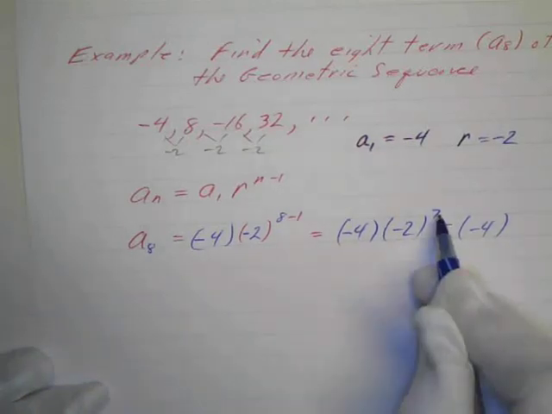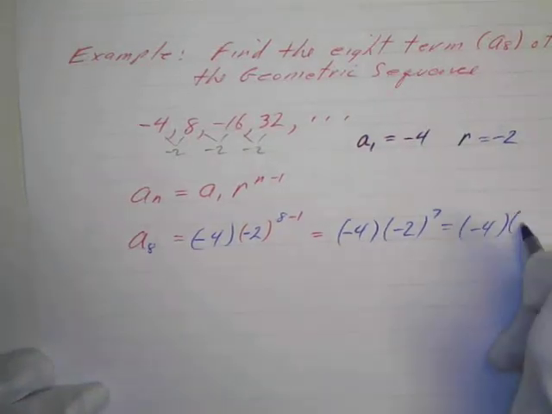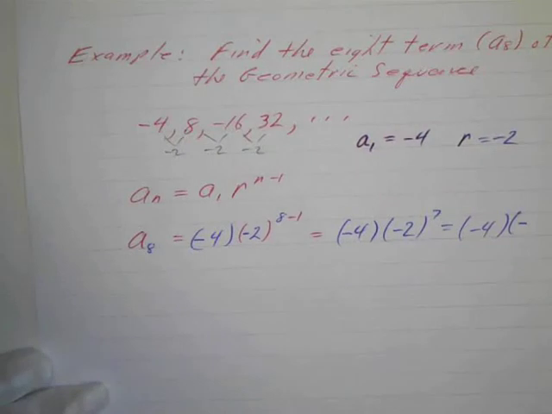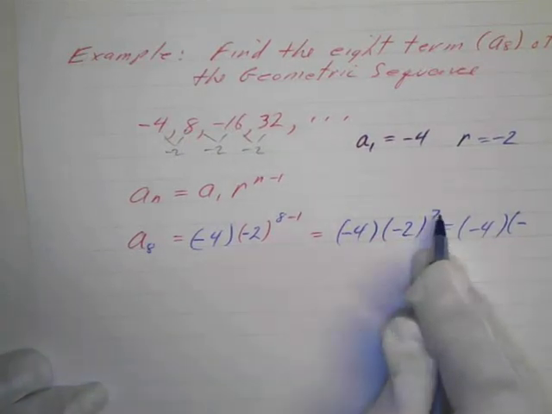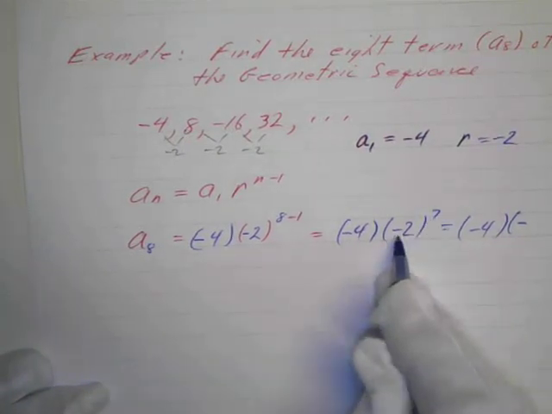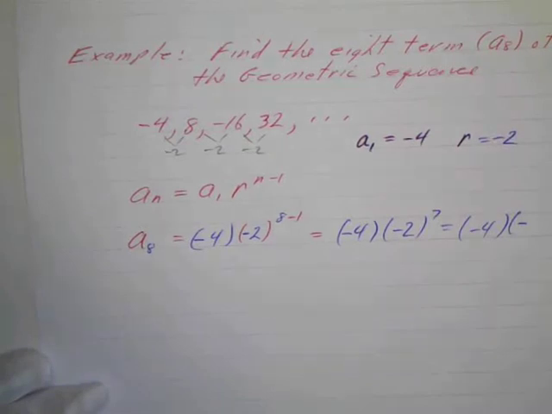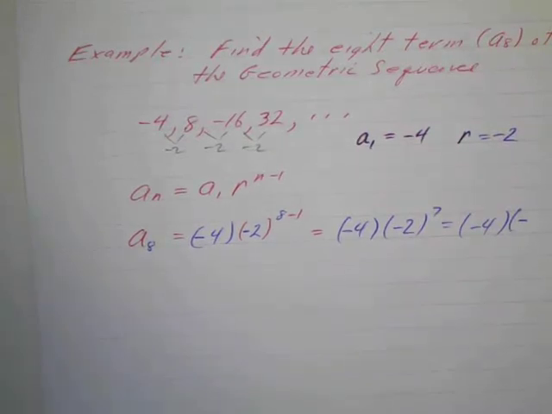Well, since the power is odd, this is going to be negative. If the power was even, this would be positive. And then 2 to the 7th, well, 2 times 2 is 4, times 2 is 8, times 2 is 16, times 2 is 32, times 2 is 64, times 2 is 128.